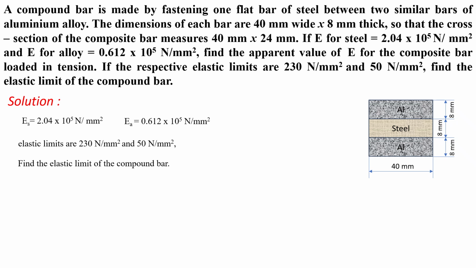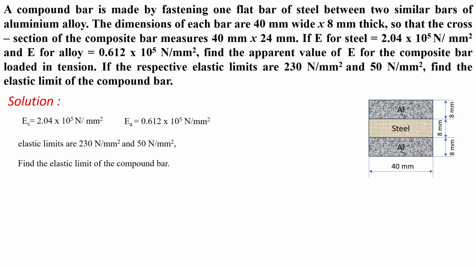Next, it is given that the E value for the steel is 2.04 into 10 to the power 5 Newton per mm square, and the E value for the aluminum is 0.612 into 10 to the power 5 Newton per mm square. So let us consider suffix S for the steel, that is ES equals 2.04 into 10 to the power 5 Newton per mm square, and suffix A for the aluminum, that is EA equals 0.61 into 10 to the power 5 Newton per mm square.